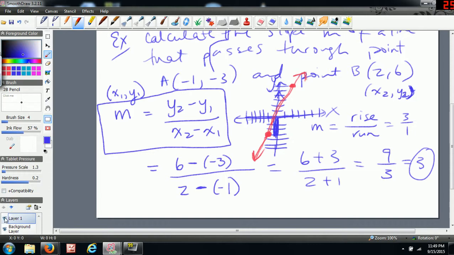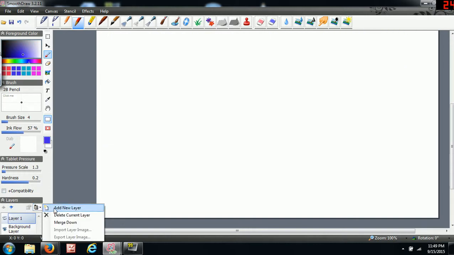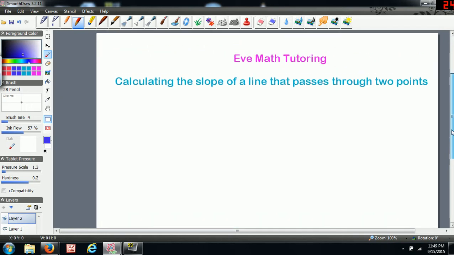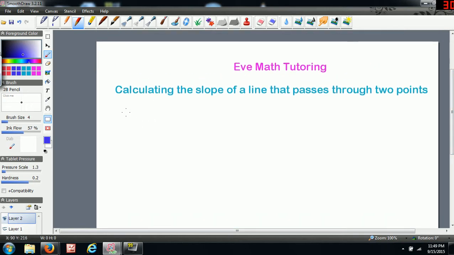We can try something with maybe different numbers, like the point A, which is maybe positive, and then B, which is negative 7. So if I want to calculate the slope of the line that passes through these 2 points, again, I would just write down my formula.